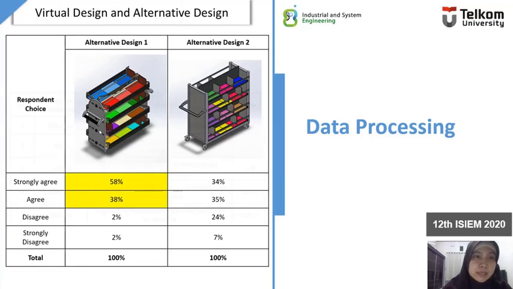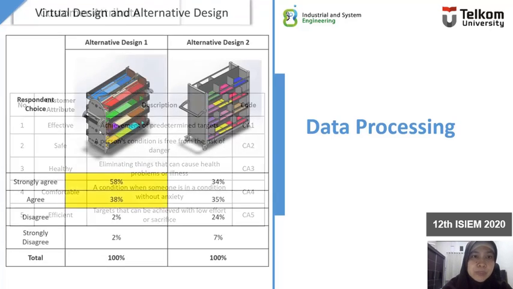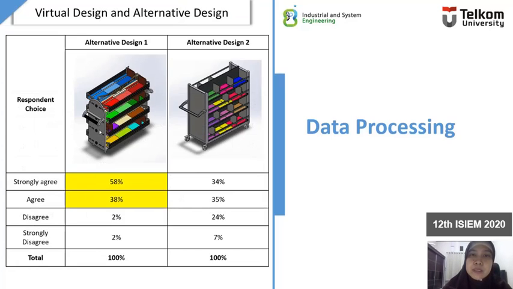And then from this data, we process it into the axiomatic design. From the axiomatic design, we can get this virtual design and alternative design. So after we process the data using the axiomatic design, we can get 2 alternative design that we get from the respondent.